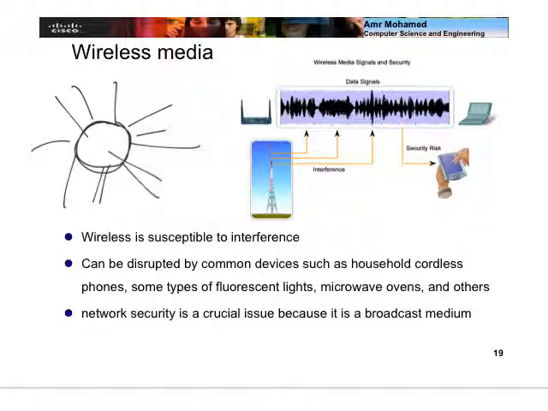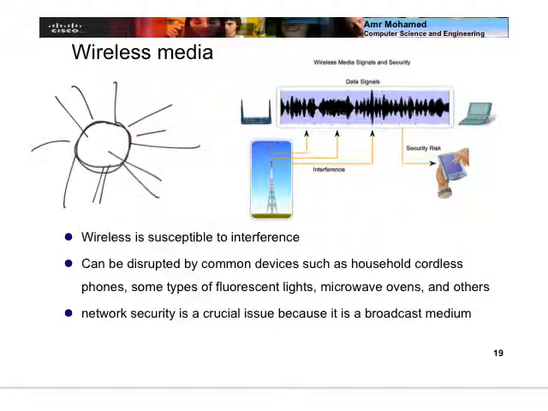Well, we're sending the signal over the air. Anyone can actually listen to the signal. So we cannot control who will listen to the signal, because the signal is broadcast everywhere. So we cannot control who will receive the signal. So the possibility of having someone tap into what you are trying to send is higher in that case.